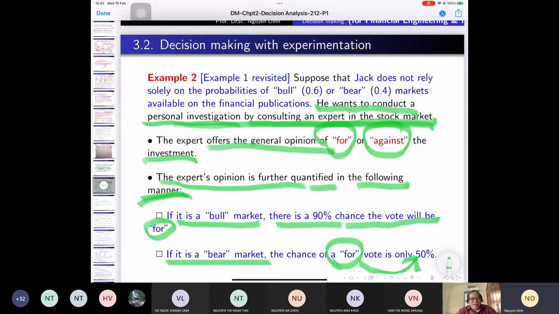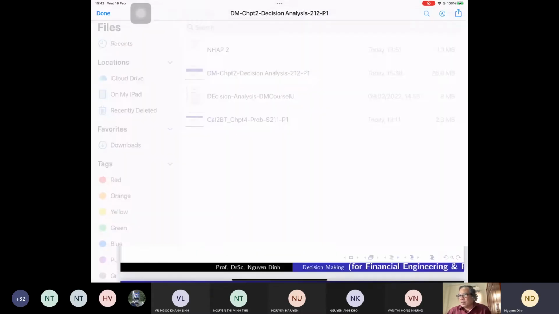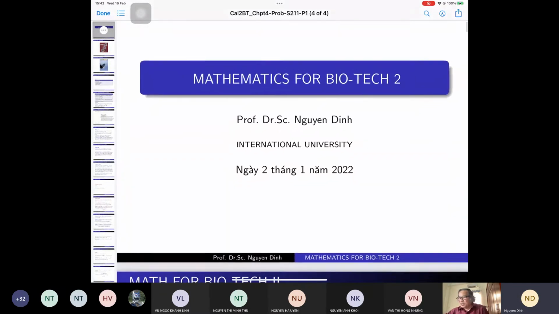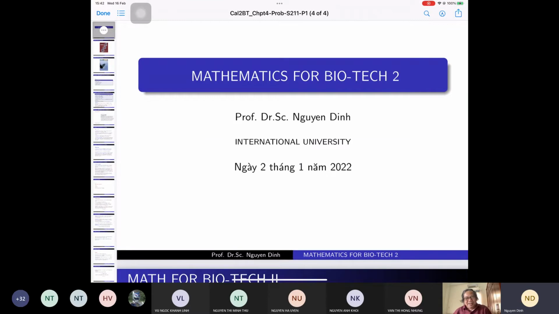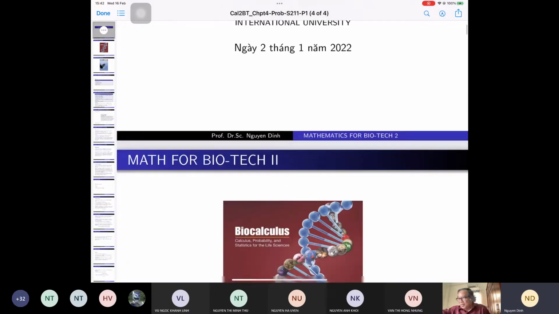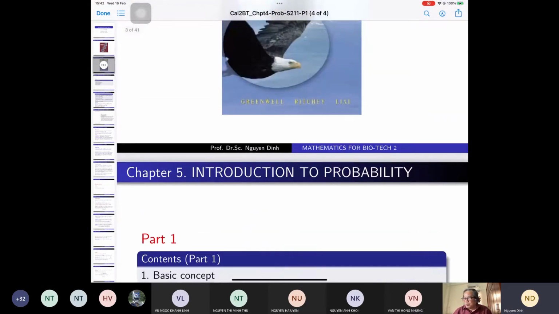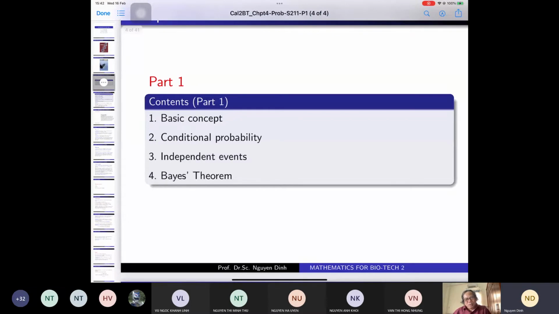So here it is quite hard for people who have not yet studied the course on probability. By the way, just a moment. Last semester I did this course, mathematics for biotechnology, and there is a chapter, introduction to probability. So if you have not yet studied the course of probability with Dr. Kwon, then you can read this one.